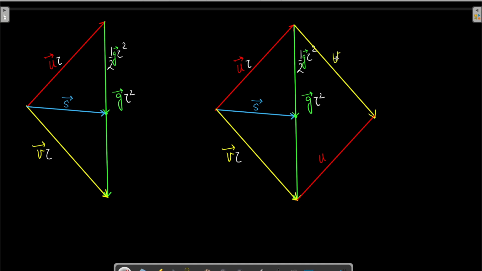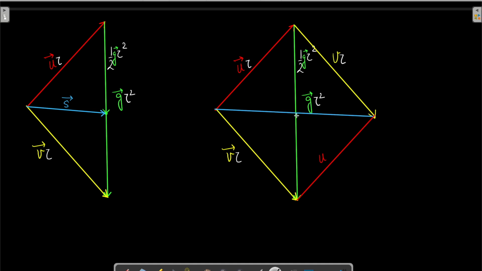This is v times tau. We'll join the other part, and the intersection part we'll call midpoint.